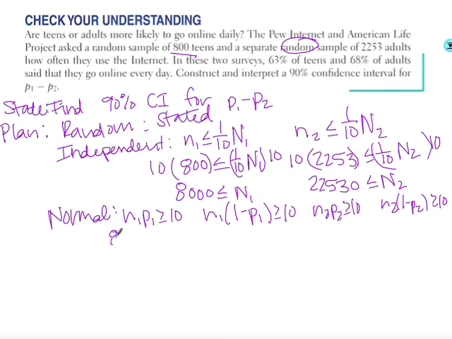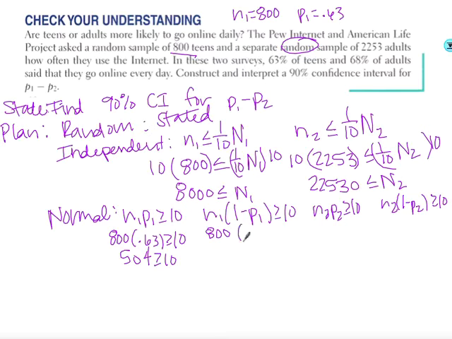So that would look like 800 times 0.63, because we were taking 800 teens and saying that 63% of them went online every day. So when you do that, it's 504 greater than or equal to 10. Here you would do 800 times 1 minus 0.63, which would be 0.37. Whenever you do that, you get 296 greater than or equal to 10.